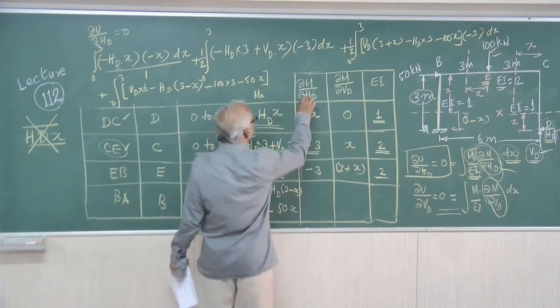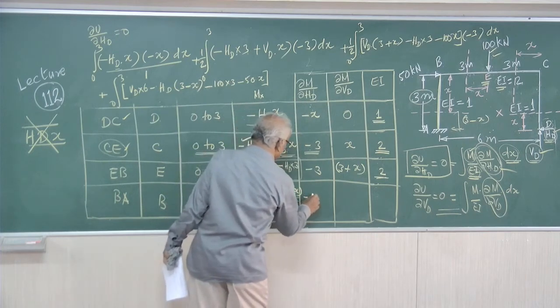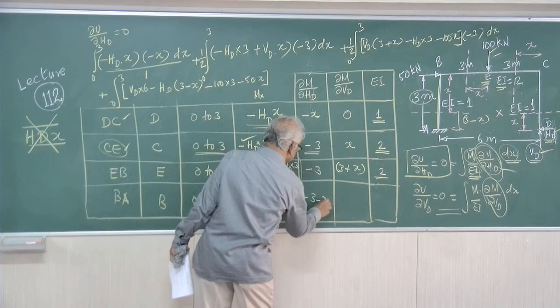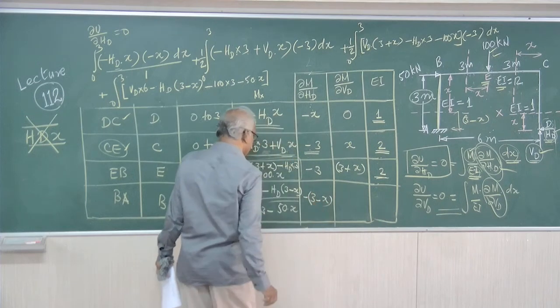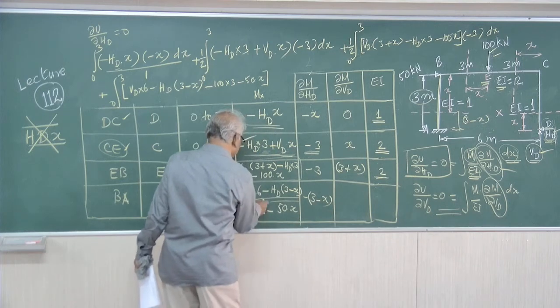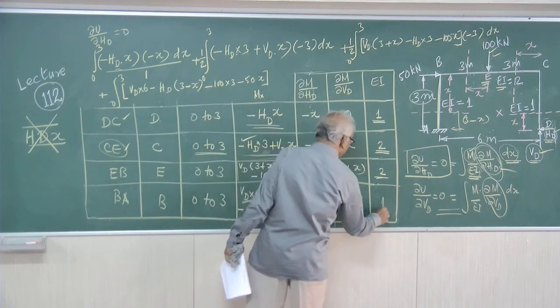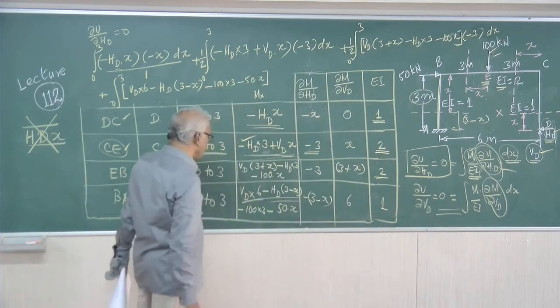So dou M by dou Hd is equal to minus of 3 minus x, or you can say x minus 3. Then dou M by dou Vd equal to 6, and EI equal to 1. This we have not completed. Now it is completed.